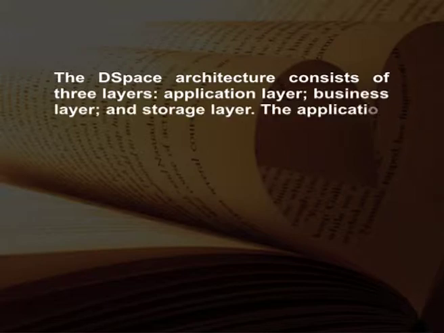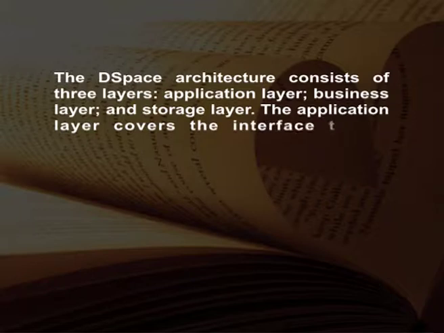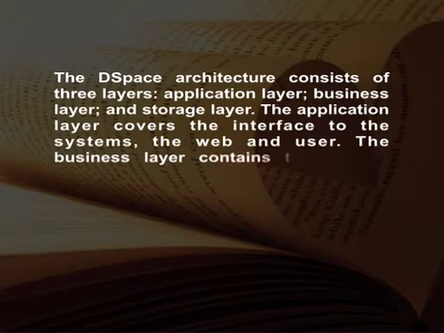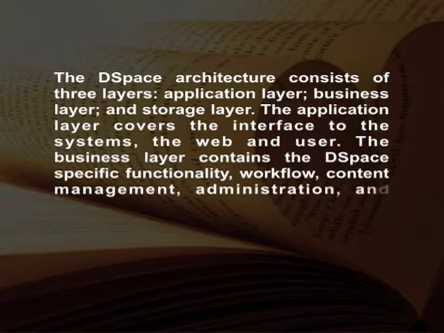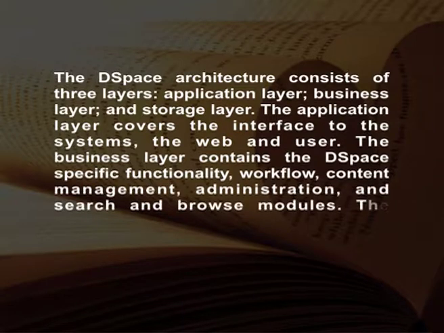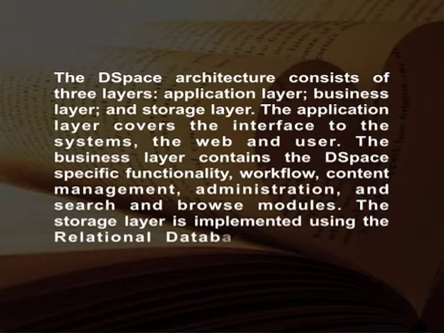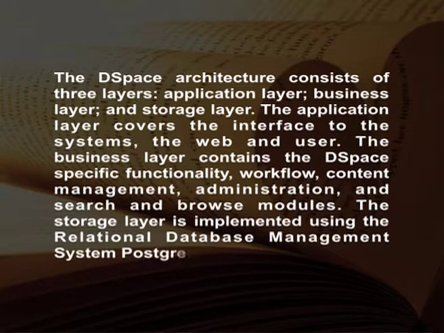The application layer covers the interface to the system, the web, and the user. The business layer contains the Dspace specific functionality: workflow, content management, administration, and search and browse modules. The storage layer is implemented using the Relational Database Management System, PostgreSQL.